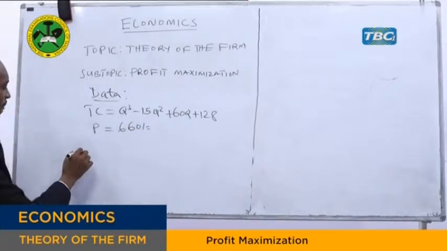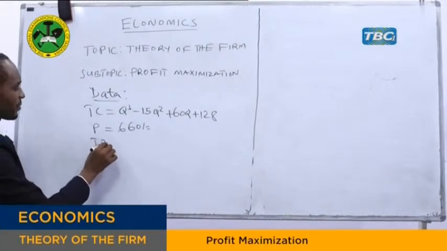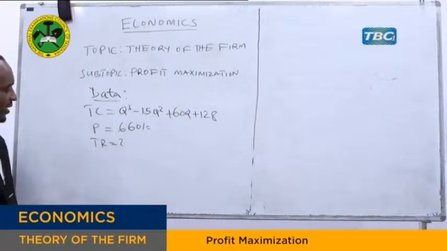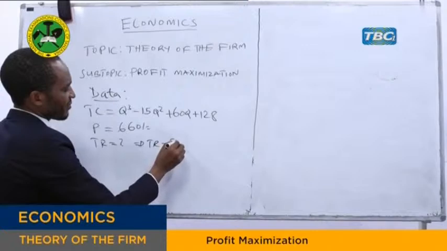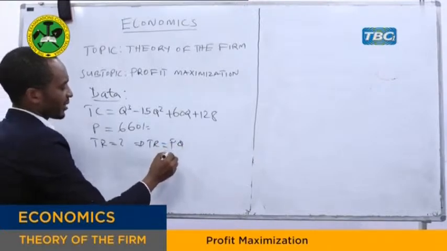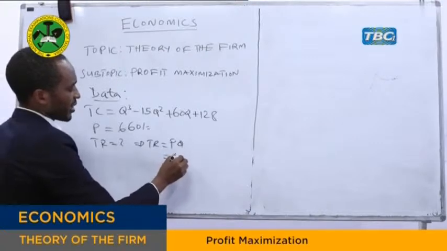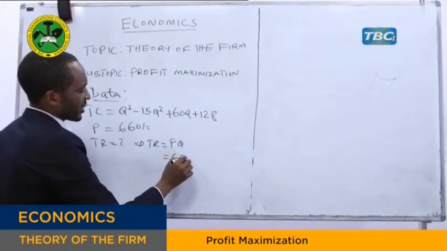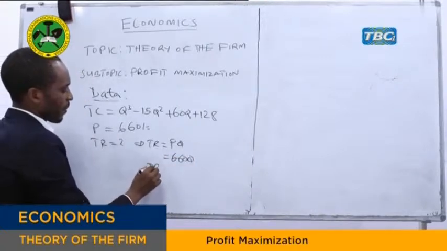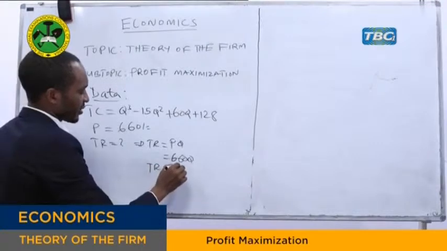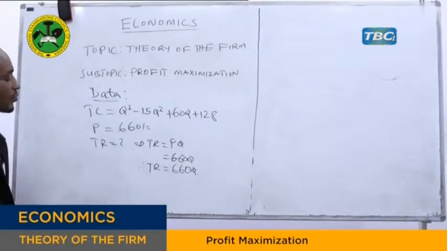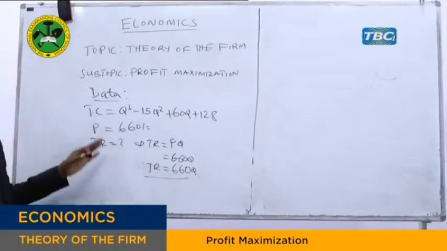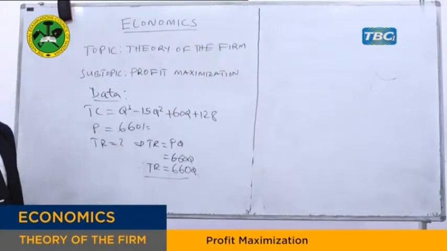Also we don't have total revenue, so the total revenue will be obtained as price times quantity. Our price here is 660, times Q, so the total revenue will be equal to 660Q. This information should be used to solve the problem.